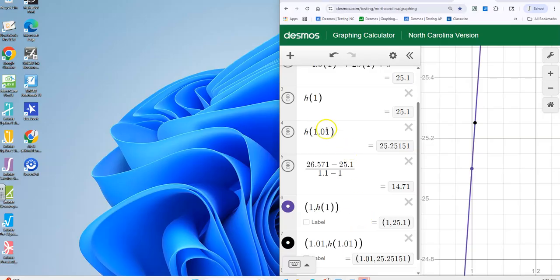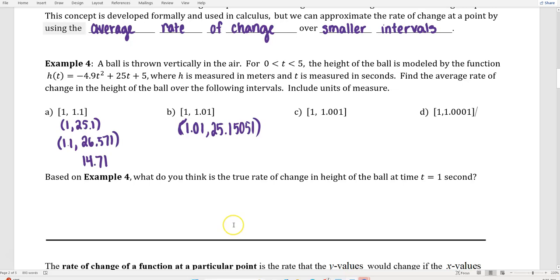So if I take this number right here and change it to 25.25151, I think I wrote that down wrong when I wrote it down, and change this to 1.01, now I've got 15.151.